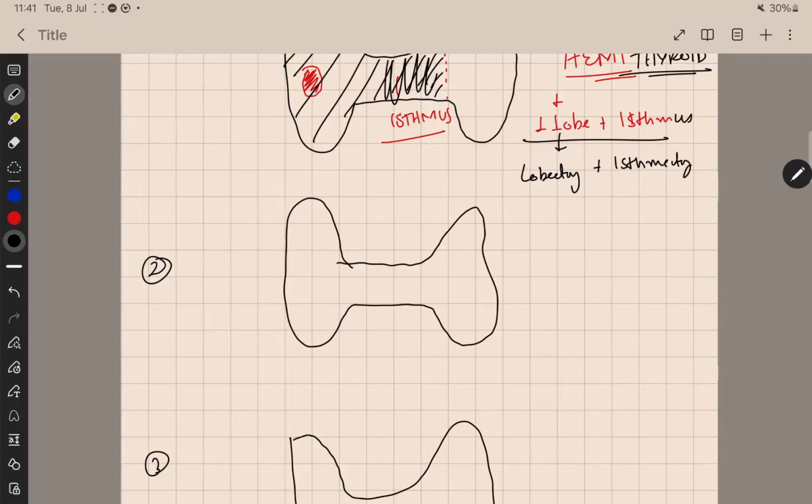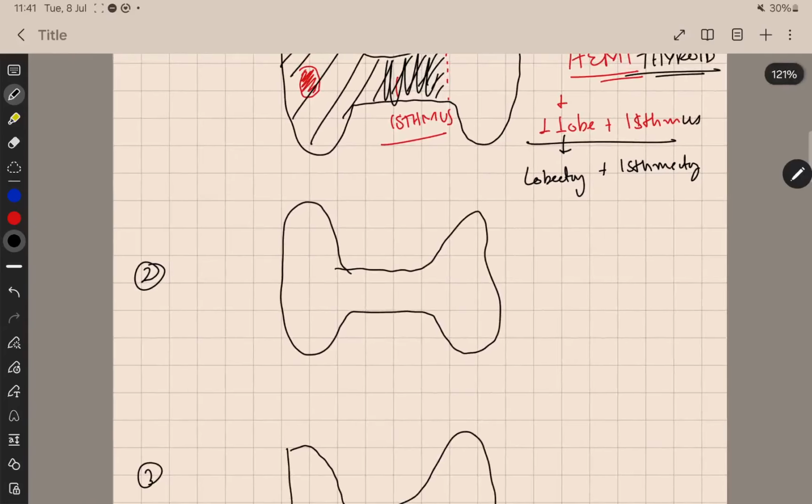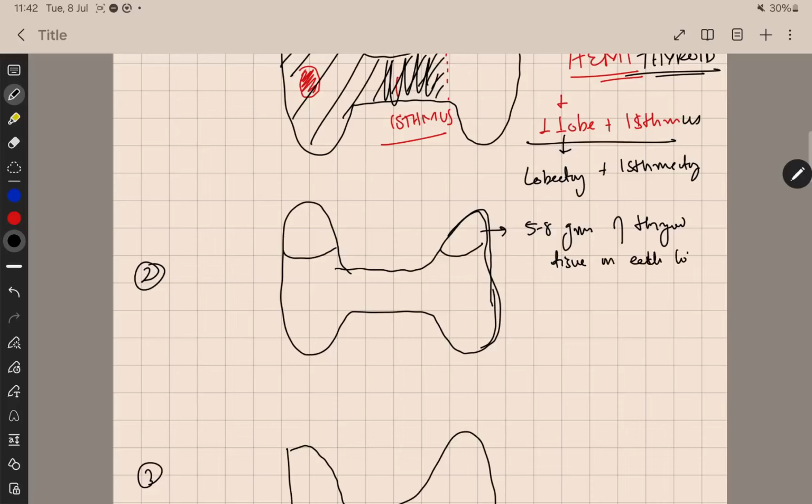Second comes subtotal thyroidectomy. Subtotal means we'll remove both lobes of thyroid plus isthmus, but we'll leave around 5 to 8 grams of thyroid tissue on each lobe. That is around 1 thumb of area.